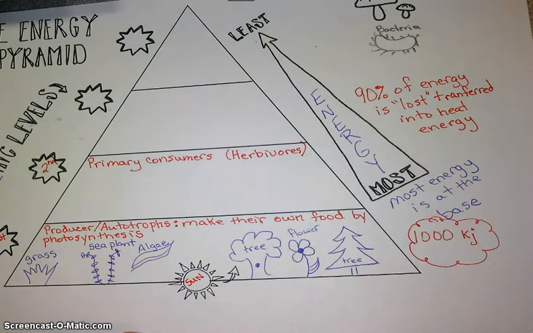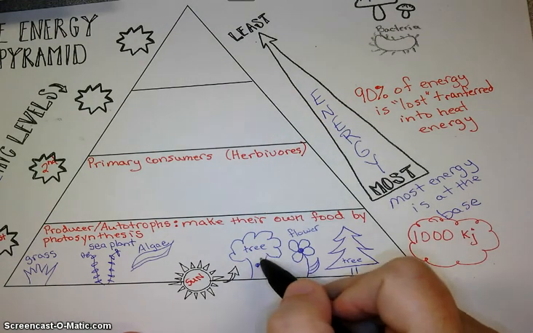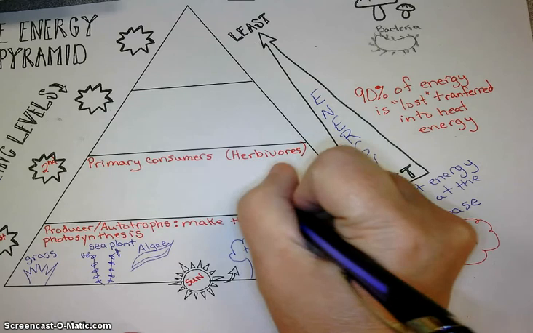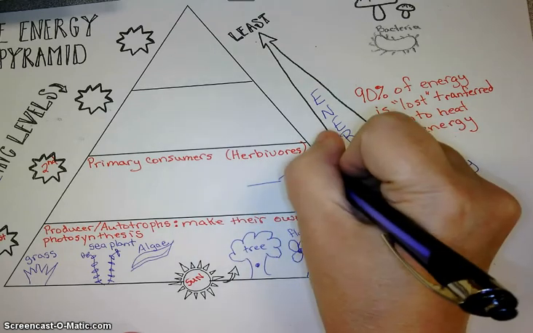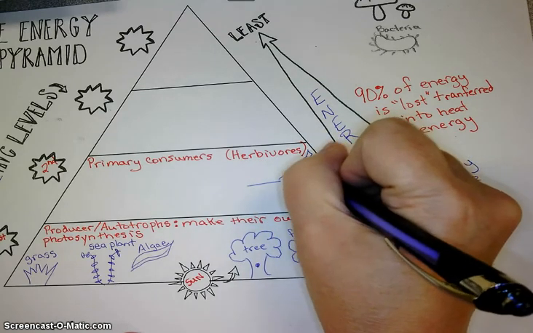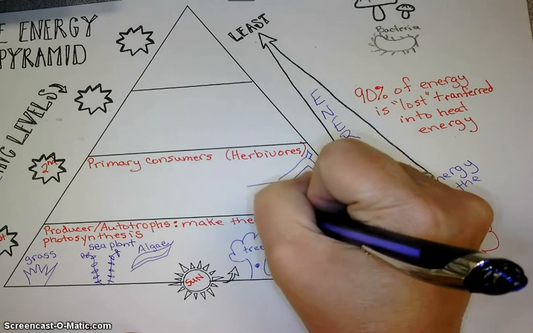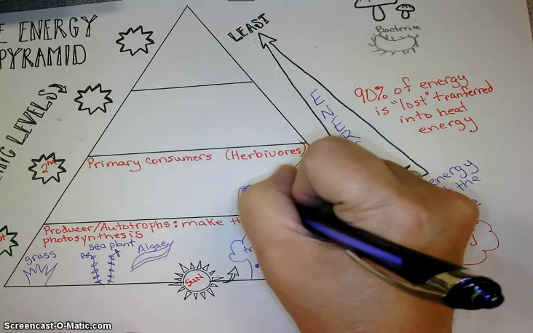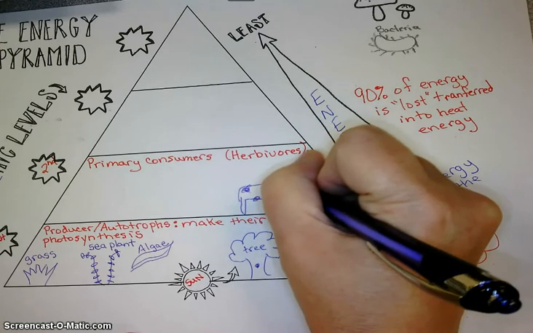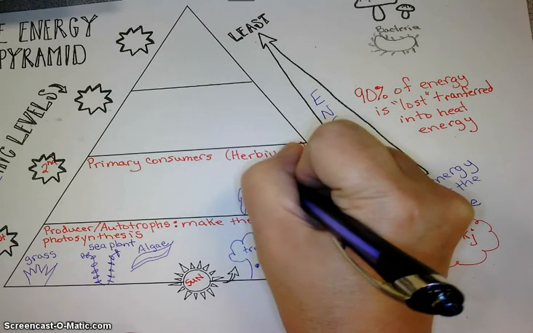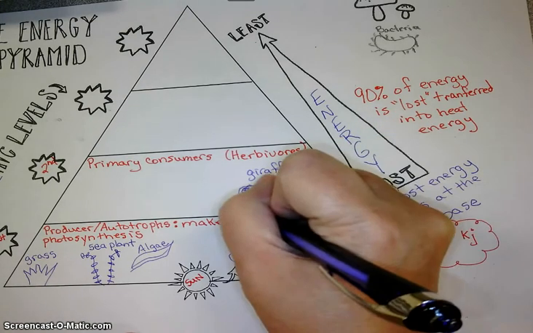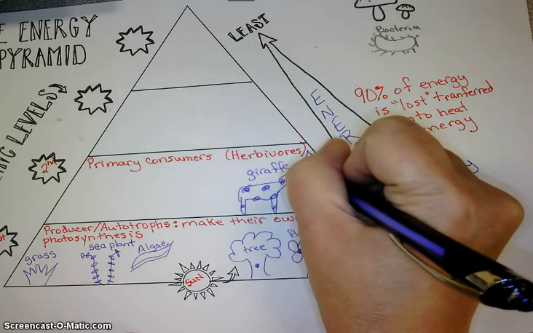And if this tree had 1,000 kilojoules of energy, and let's say that we had, let's see if I can draw a giraffe. Not a very good giraffe, but there he goes. Let's put some spots on him so we'll know he's a giraffe. A giraffe. Let's say that giraffe ate the leaves off the tree.